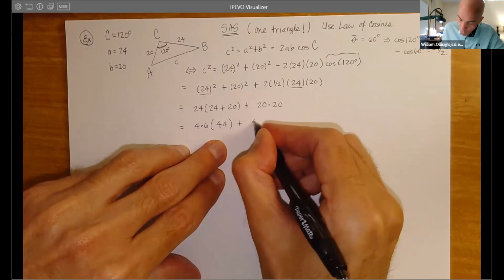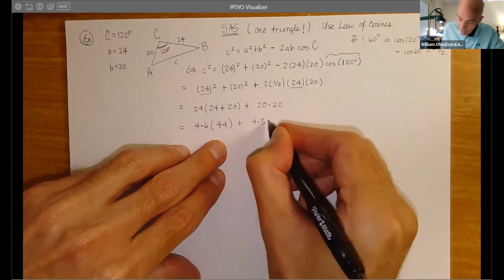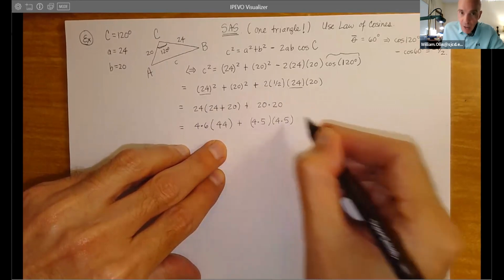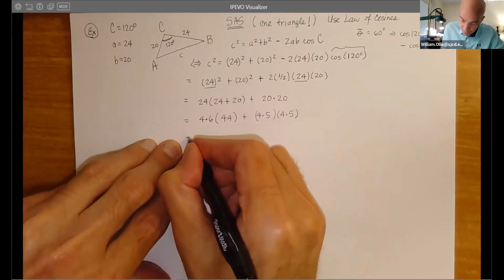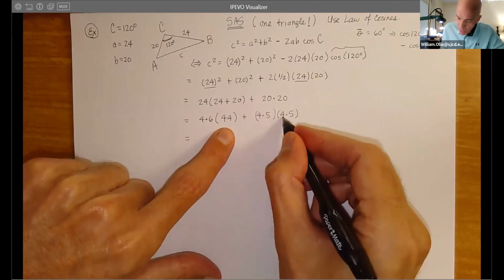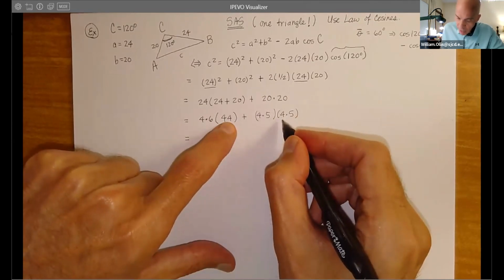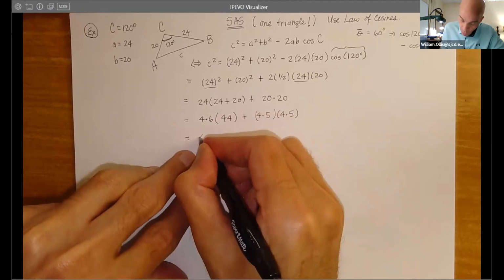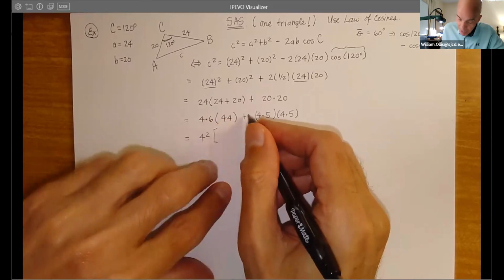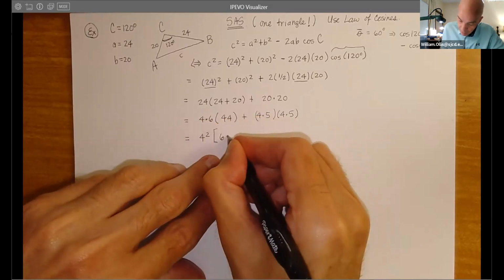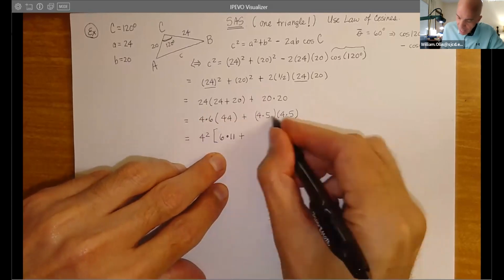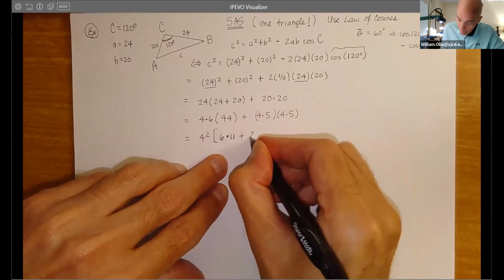So we've got a 4 times a 5, 4 times a 5, just kind of reducing this with symbolic arithmetic. So now we've got a 4 here, a 4 here, and then a 4 in here and a 4 here. So we've got a 4 squared. So that leaves a 6 times an 11 plus a 5 times a 5, which is a 25.